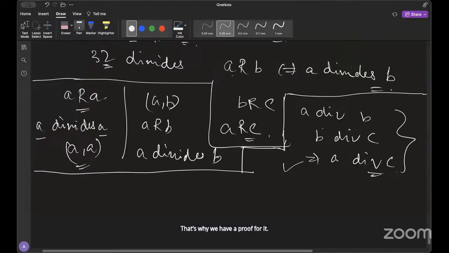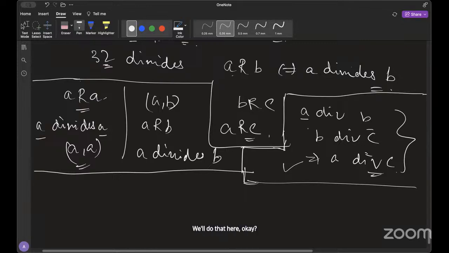Let's just do it for arbitrary numbers. Let's take A, B, and C to be arbitrary, and try to prove this thing. We're not taking fixed numbers. We're taking A, B, C to be any numbers. Can we do that? Yes, ma'am.